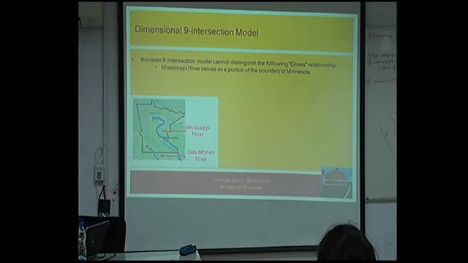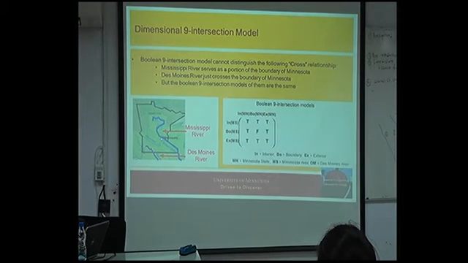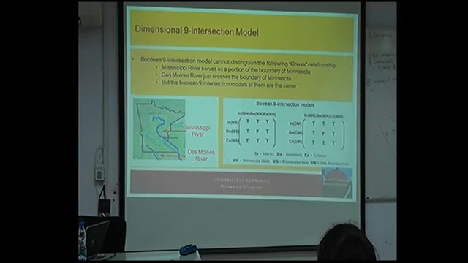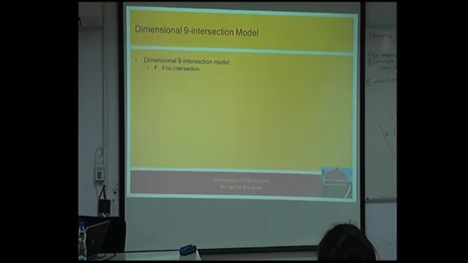Now this kind of distinction is hard to make in the Boolean 9 intersection model. You are going to see basically the same signature for this river as well as that river with Minnesota. But if you want to distinguish them, you may have to enhance the model a little bit. Here is one variation which is used by simple feature types.